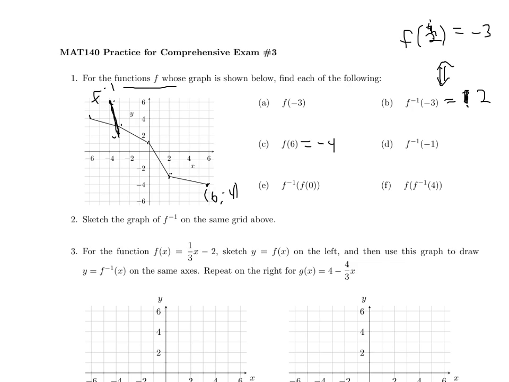Let's plot one more point so we can see it. The next point along here is (0, 1), and when we flip it, that becomes (1, 0), so that's here. Well, that's pretty bad.